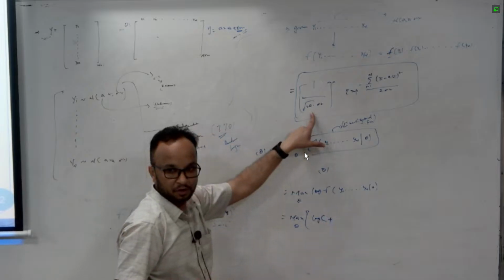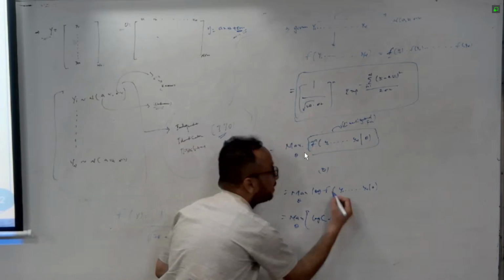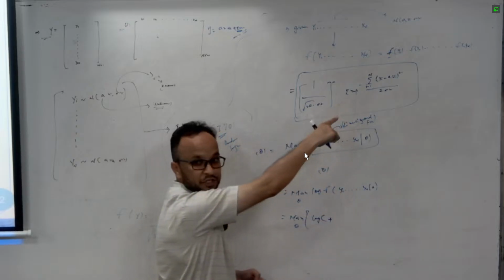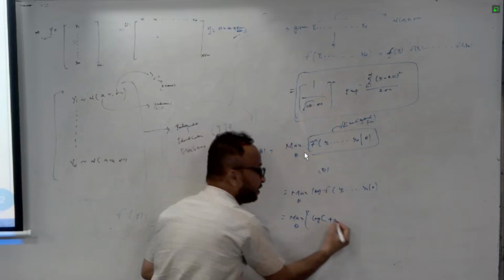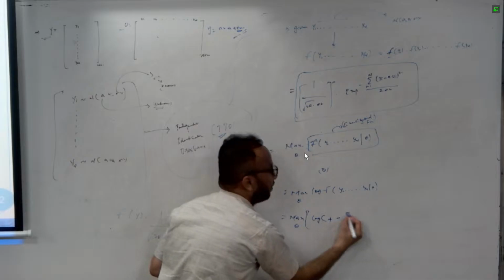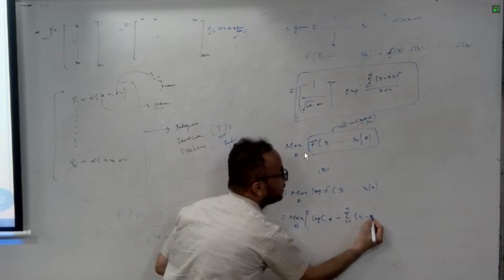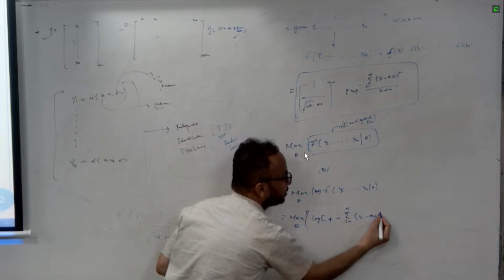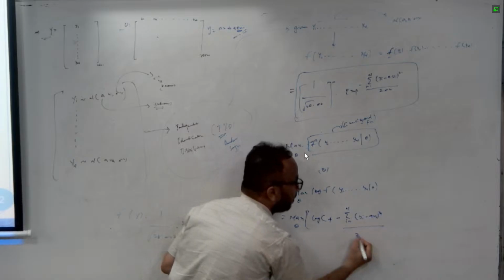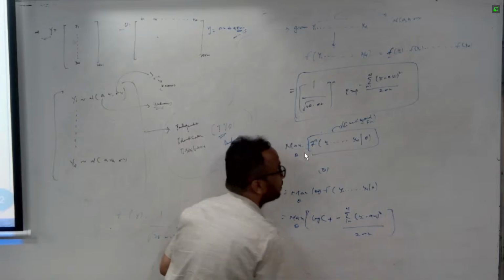Sigma square is known. Log of constant plus log of the exponential of this one, so you'll get minus the summation from i equals 1 to n of yi minus a into ui, whole square, by 2 sigma square. Fine?